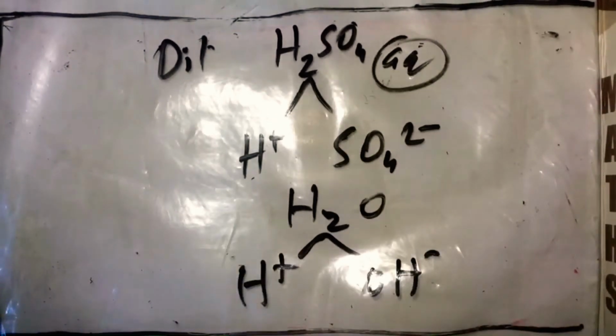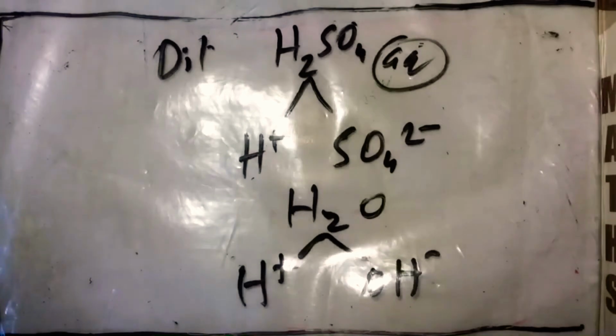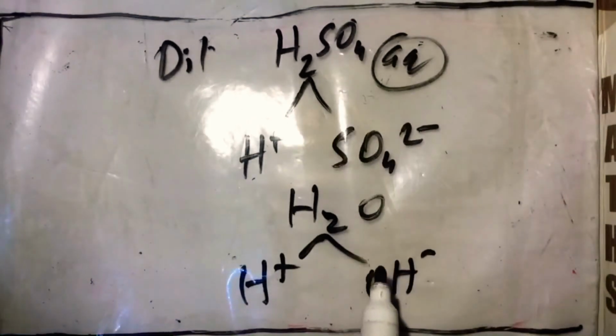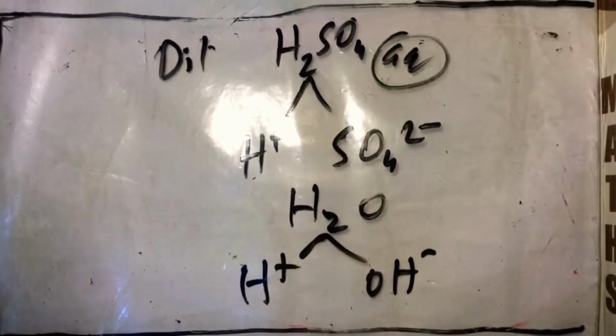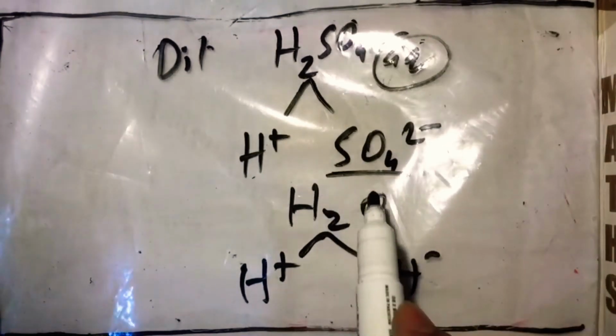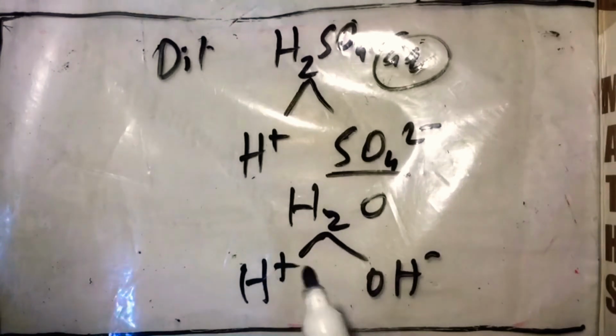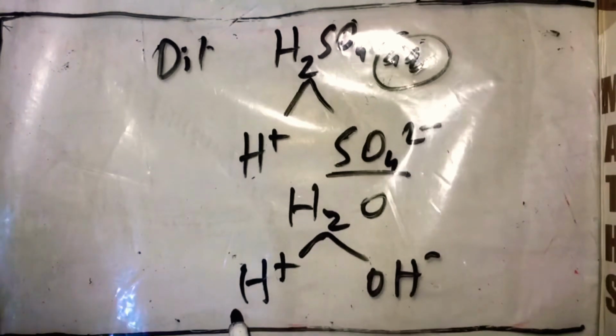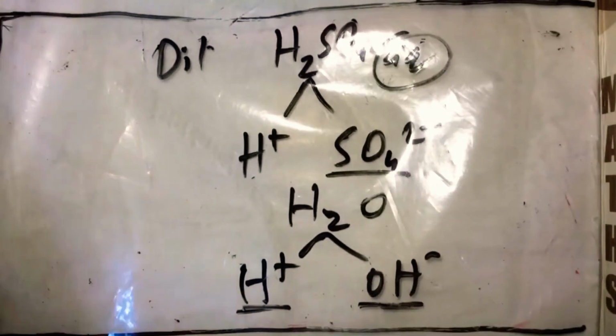Now H positive ions go towards the cathode, sulfate and hydroxide ions move towards the anode. As we learned earlier, sulfate ions do not decompose or discharge during electrolysis. So hydrogen ions and hydroxide ions will decompose.